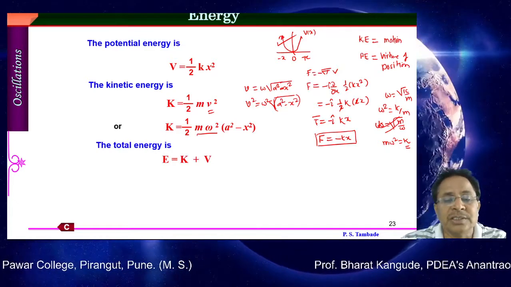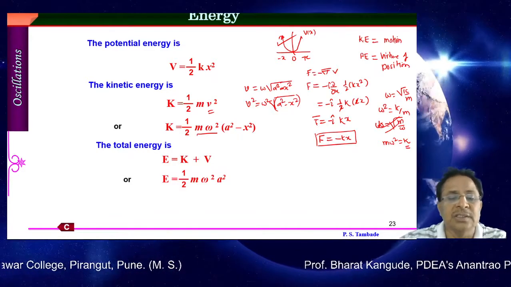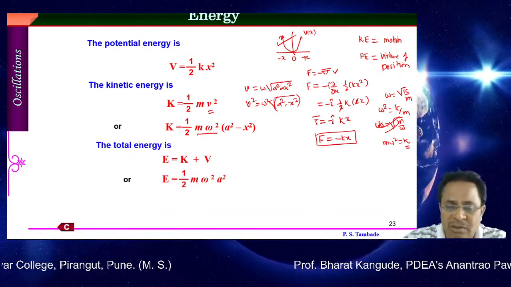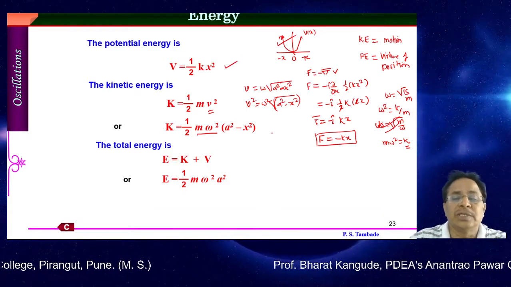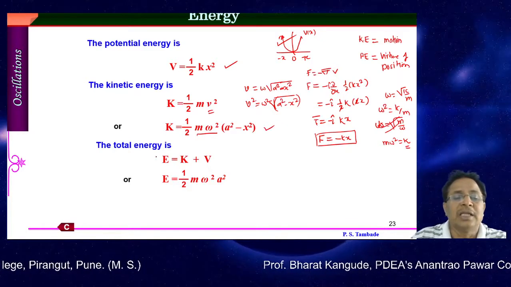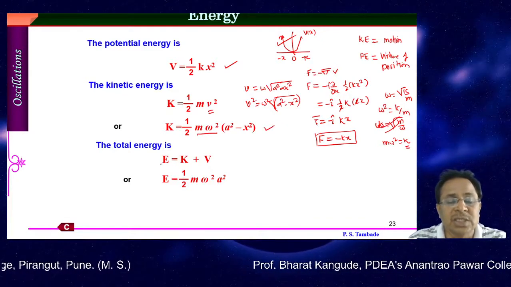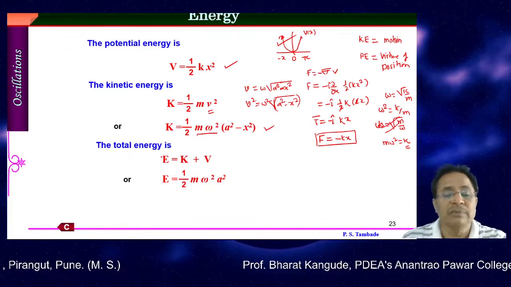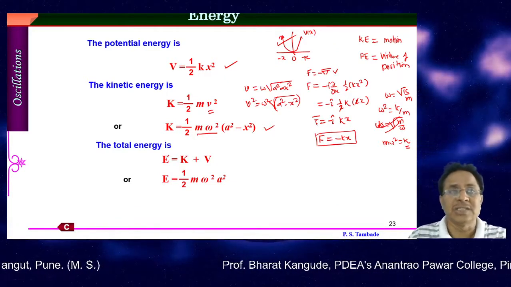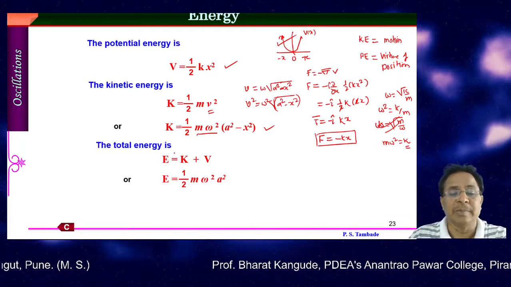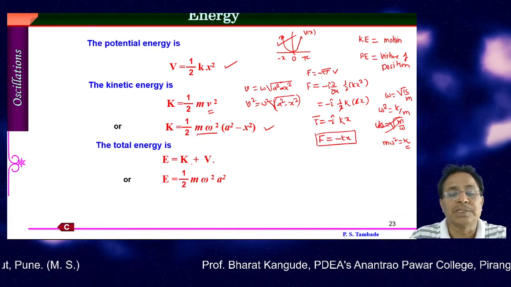These are the two expressions: the expression for potential energy is this, and the expression for kinetic energy is this. Therefore the total energy of such a system undergoing the motion called simple harmonic motion is given by the addition of kinetic plus potential.